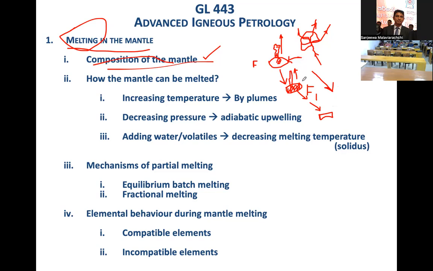So what happens is you are enriching your residue with OPX and olivine mostly. Even OPX might end up gone, and finally you are left with olivine. When you continue melting stage by stage, you are enriching your residue with more and more OPX and olivine proportions, because gradually you are removing CPX.